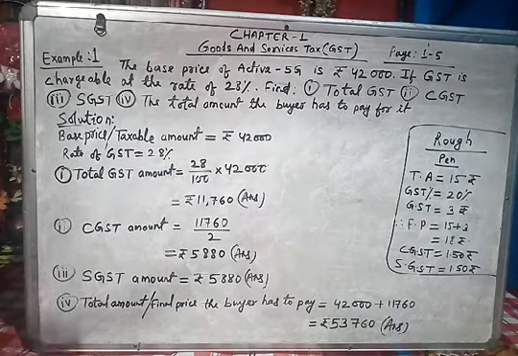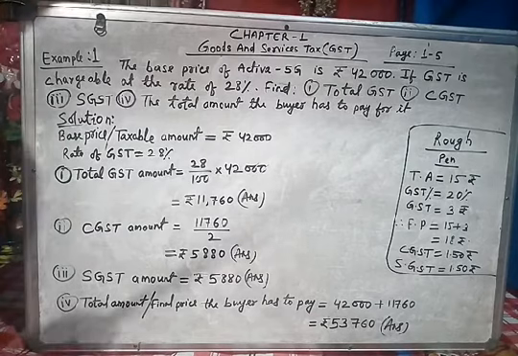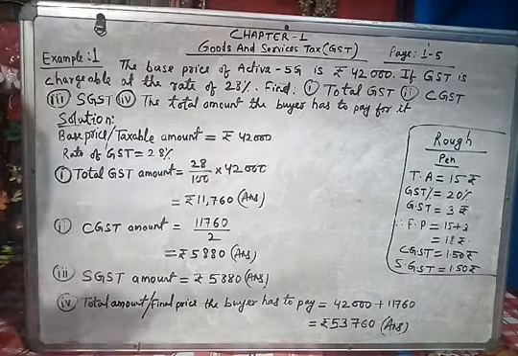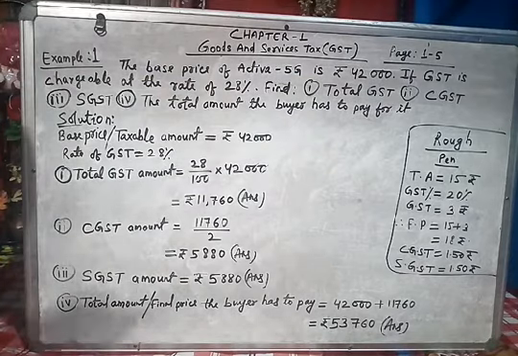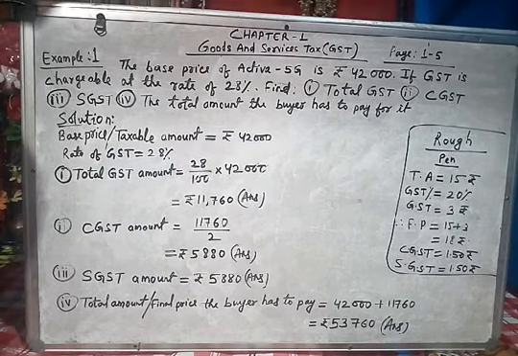Suppose there is a scooty, Activa 5G, whose base price, that means showroom price, without tax, is rupees 42,000. Let me tell you again, this 42,000 is the showroom price, or the base price. It is not the price we are going to pay, because it is without tax.